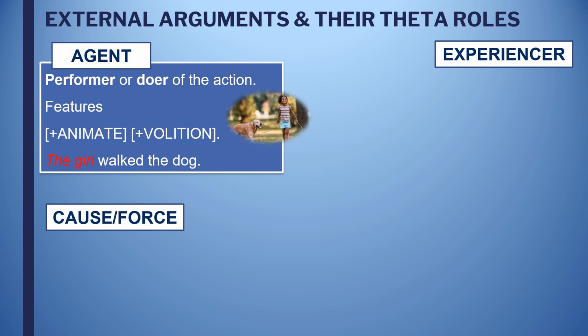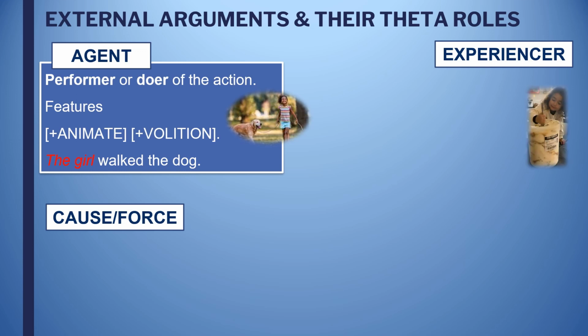So, if you still remember the sentence we discussed before, the tray prepared pizza for dinner, the problem in there is that the DP, the tray, could not receive the theta role of agent because it is not animate and it does not have volition to perform the task of preparing.